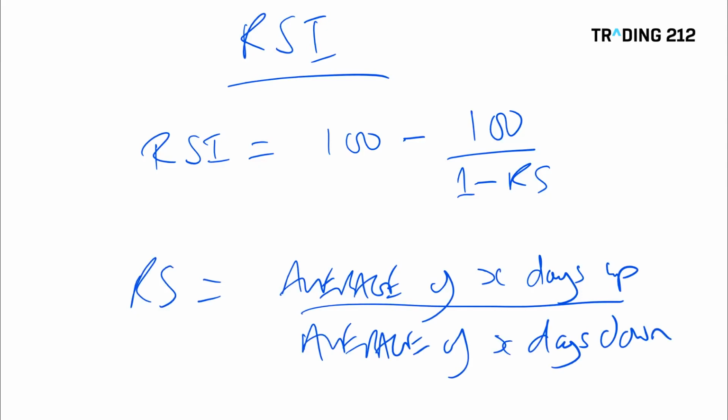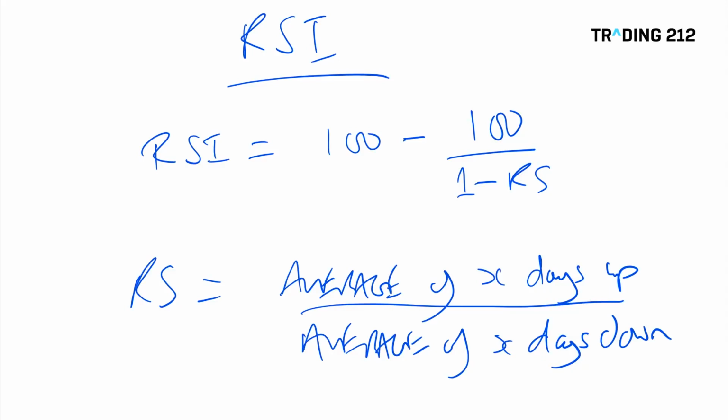RS is the average of X number of days up divided by the average of X number of days down. To put that into plain language, let's say we're using a 10-day RSI. It looks at, over the last 10 days, how many days did the market finish up? And it adds the total points gained on those up days and divides it by 10.